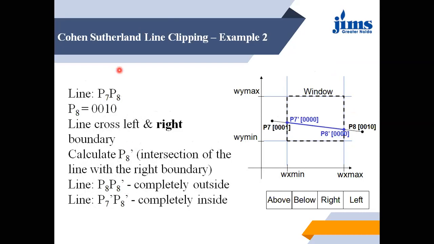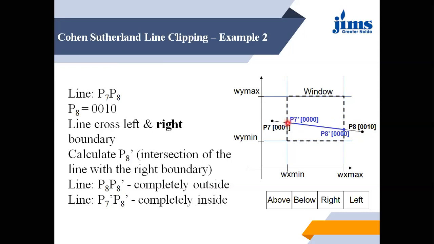You will see in the same example, this line is on the left-hand side of the window and also on the right-hand side of the window, meaning it intercrosses at the left as well as the right edge of the window.